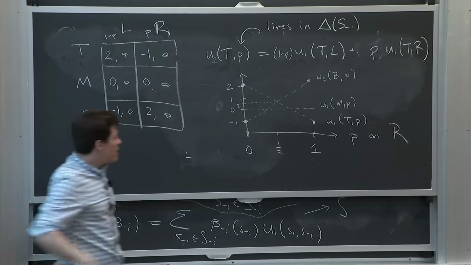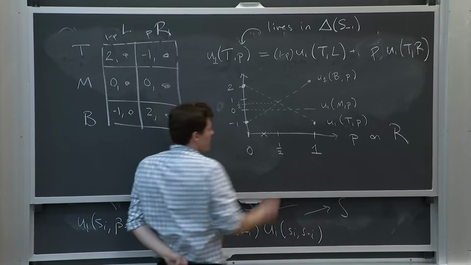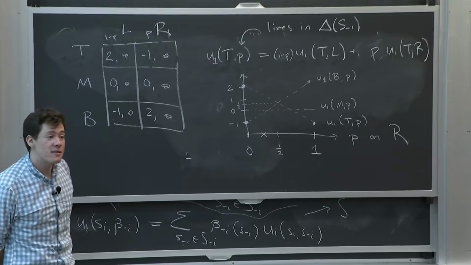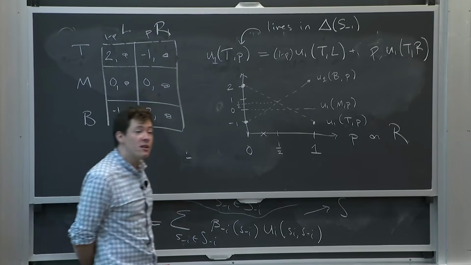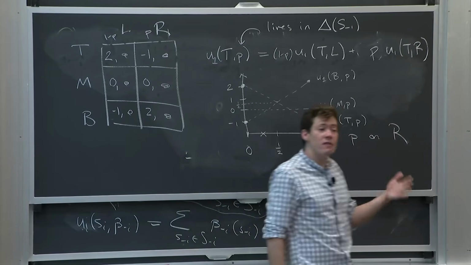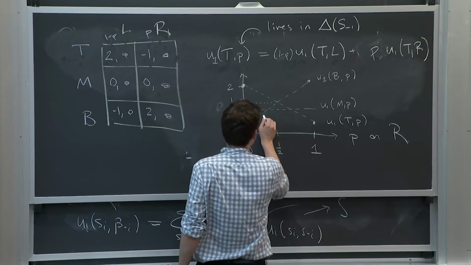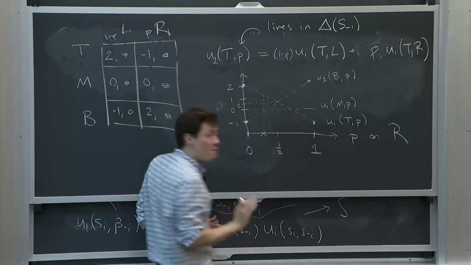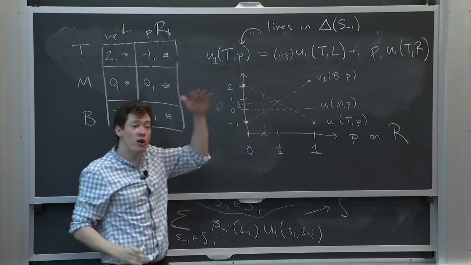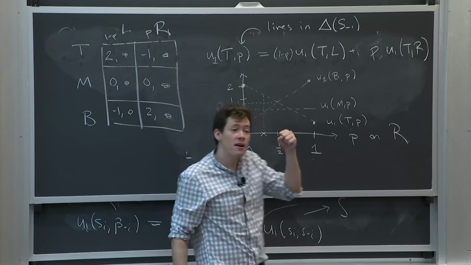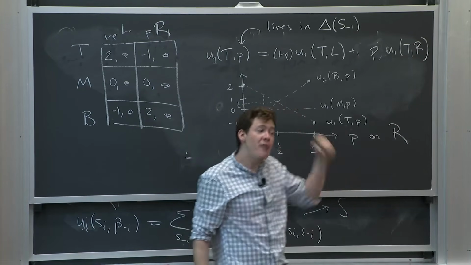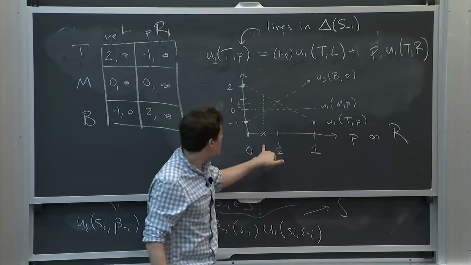Let's go through it, right? Let's fix a belief. A belief is some point on the horizontal axis, right? Now, once I fix that belief, if I want to understand my payoff from my different strategies, I'm going to draw a vertical line upwards. And as I pass up through that vertical line, each curve I intersect is telling me my expected payoff from that particular strategy given this belief.